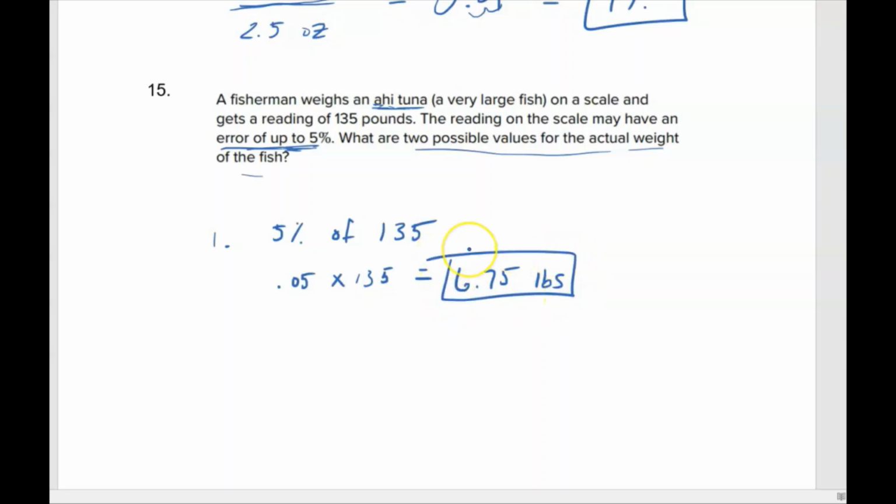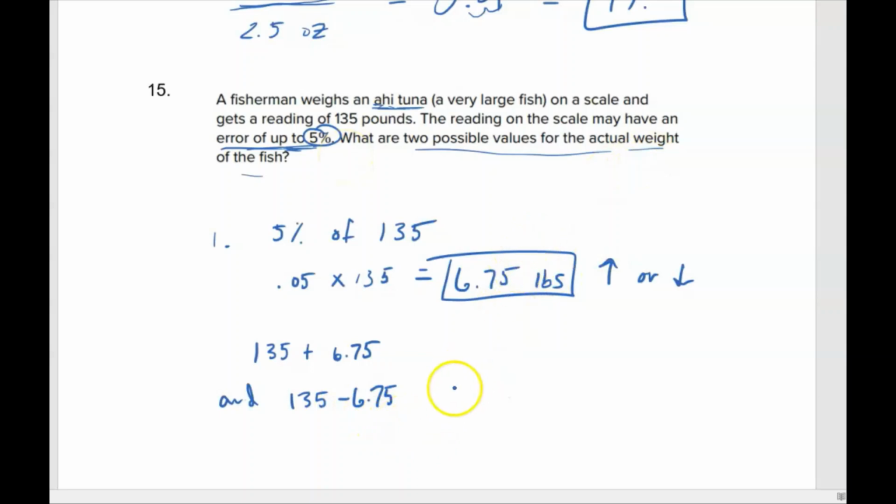So that means the scale could give us an error that's 6.75 pounds too much or too little. So I need to add 6.75 to 135, and I need to subtract it from 135. That'll give me the range of what the actual weight could be, just because that scale can have a 5% error.